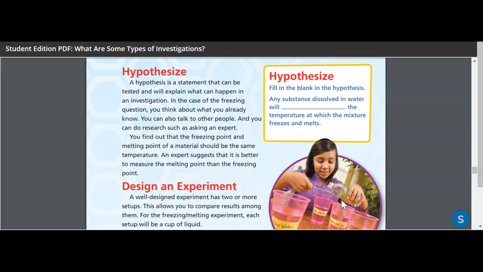A hypothesis is a statement that can be tested and will explain what can happen in an investigation. So, in the case of the freezing question, you think about what you already know, and you can also talk to other people, and you can do research, such as asking an expert. You find out that the freezing point and melting point of a material should be the same temperature. An expert suggests that it is better to measure the melting point than the freezing point.